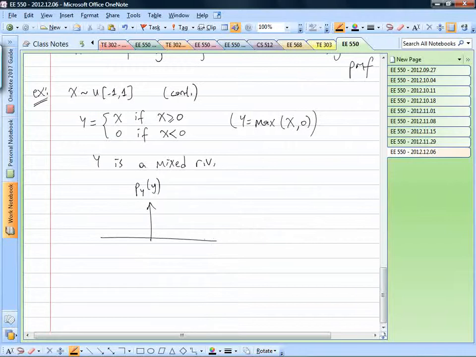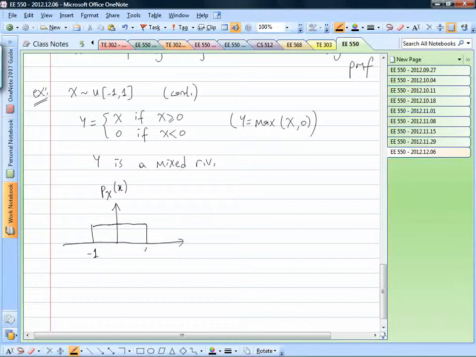Maybe I should start with the PDF of x, p sub x of x, which looks like this. It's from -1 to 1, and the magnitude must be 1 over 2 just to integrate to 1.